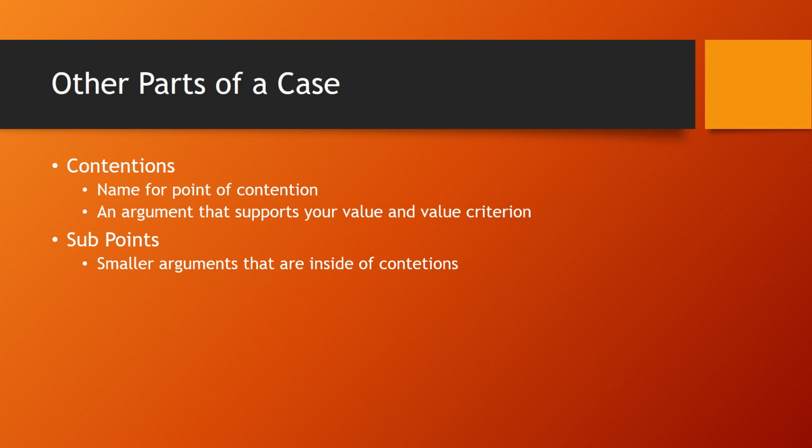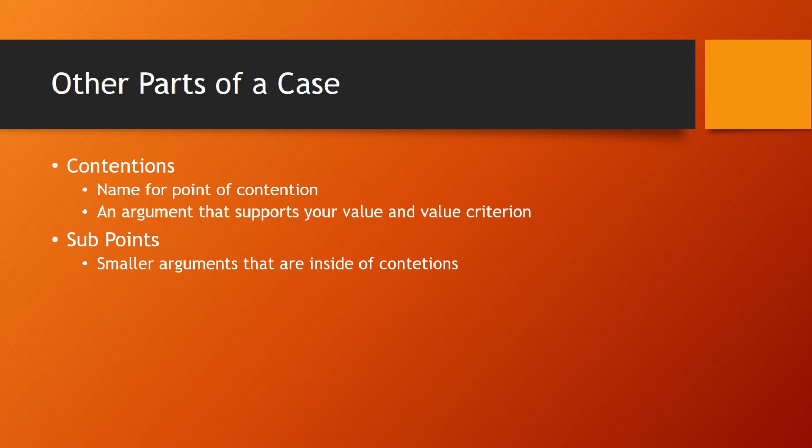But she also doesn't necessarily need subpoints. I'd argue she should have subpoints for the first contention, but it might be better to have no subpoints in the second contention. The important thing to remember about contentions and subpoints is all of your arguments in a debate round, especially in Lincoln Douglas debate, need to link back to the value. So if you notice in the previous example, Ric's mother values health.